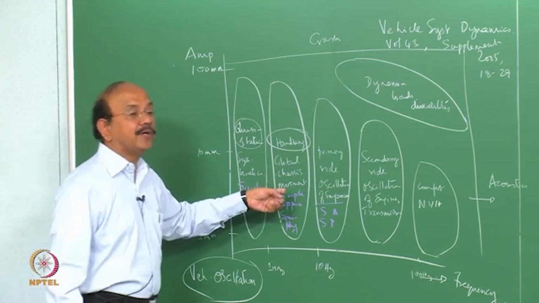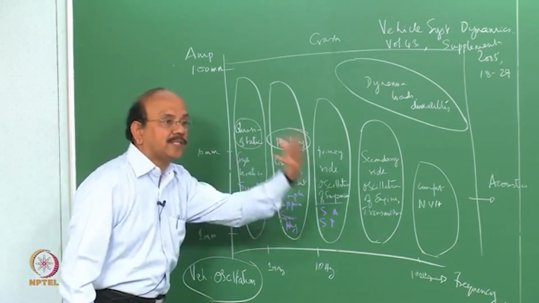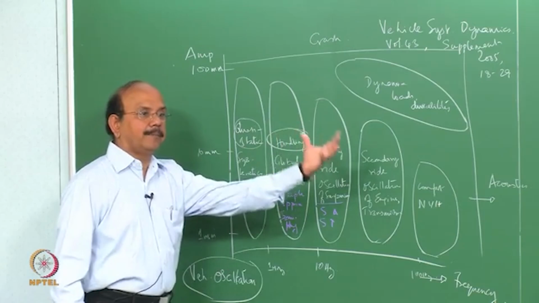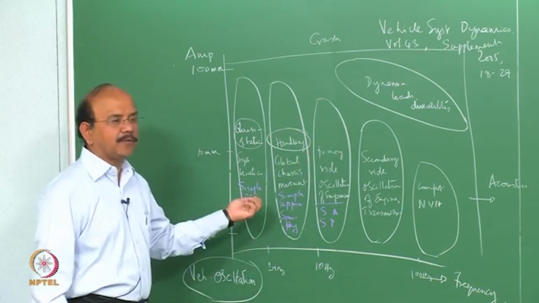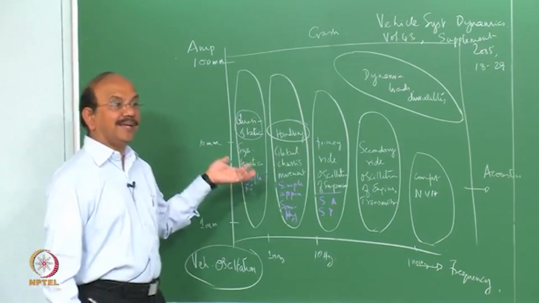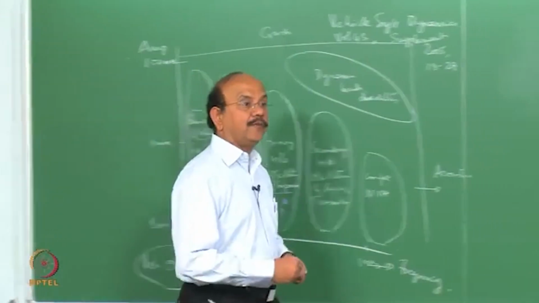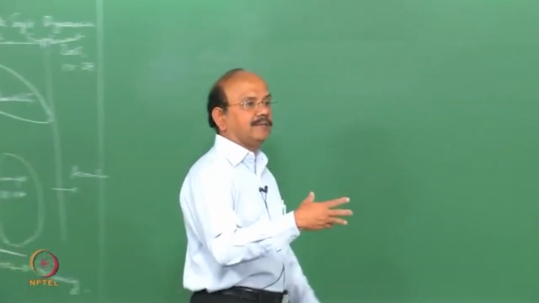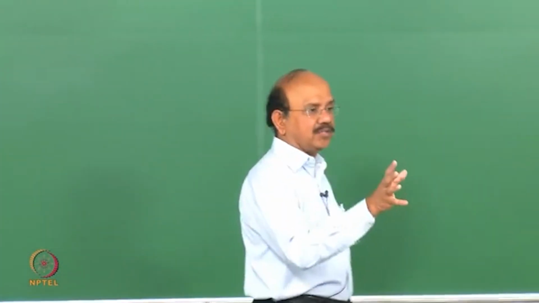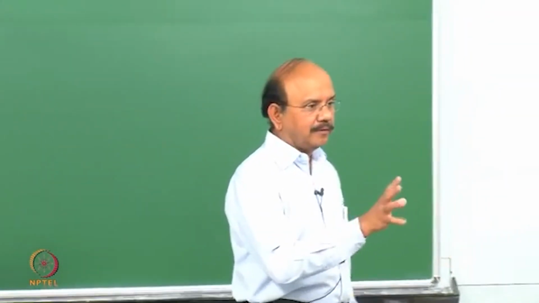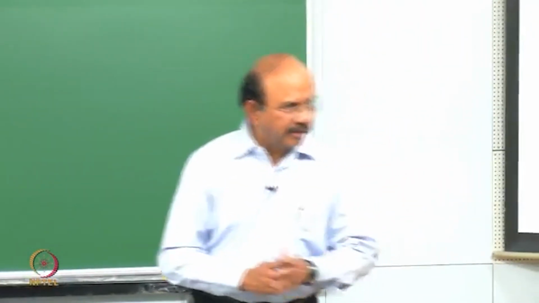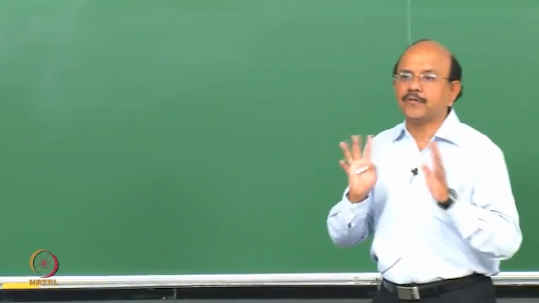Because when I take a turn, and we're going to look at this from a very simple bicycle model, the frequencies which are excited are in that range. We are going to look at the mathematics behind it, and then we will understand why these frequencies are what they are.